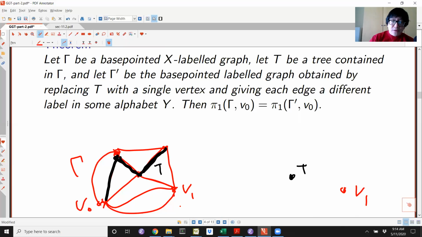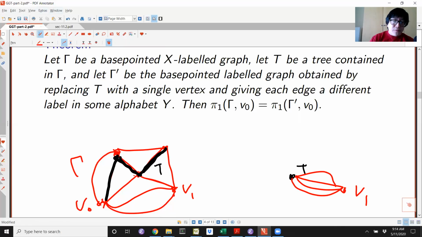And now let's see. What do you have left? So there's 1, 2, 3, 4 red edges going from V1 to the single T vertex. Oops, that's not what I wanted to do. 1, 2, 3, 4.